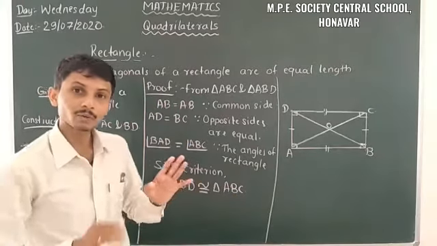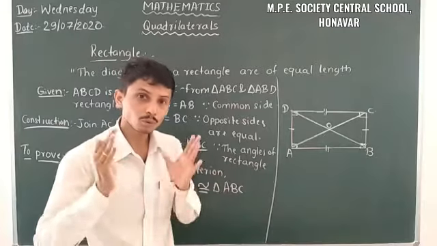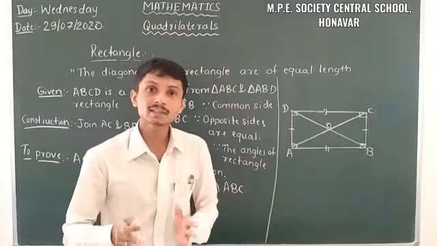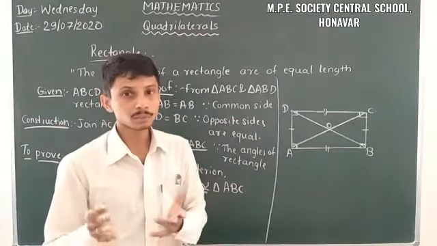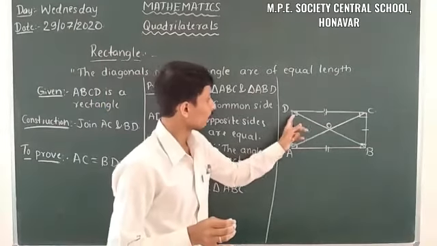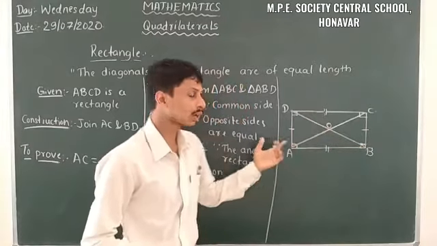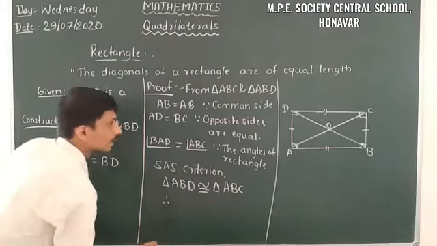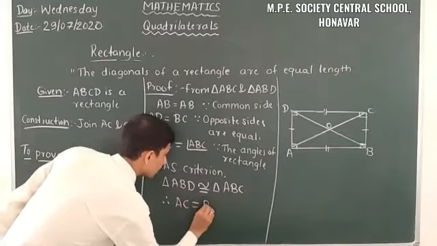When we take the corresponding sides and corresponding angles of those two triangles, they are always equal. So when we take BD and AC, those two are one and the same. Therefore AC is equal to BD.